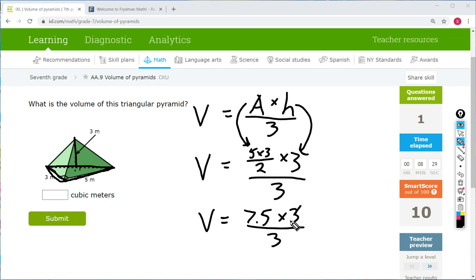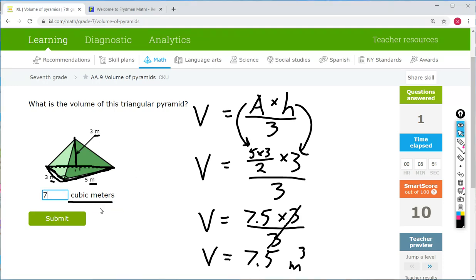Or you could just say, well, the 3's cancel here, so the volume is equal to 7.5, and that would be cubic meters. Because we have meters, meters, meters, and they all got multiplied. So that would be cubic meters in our answer.